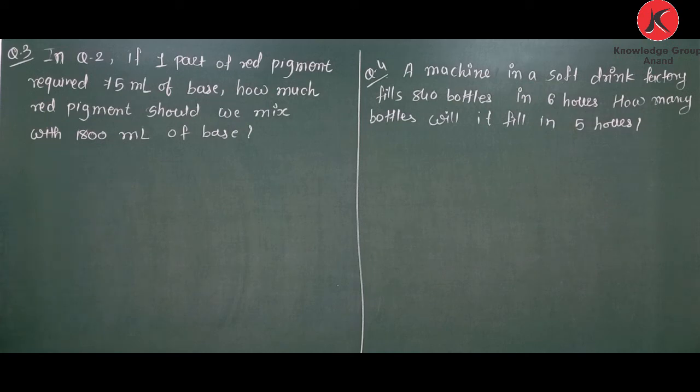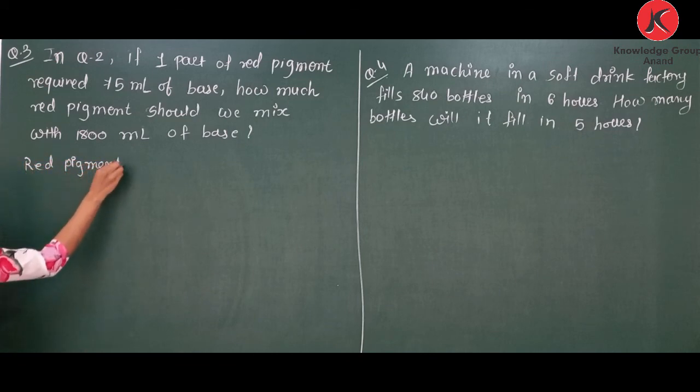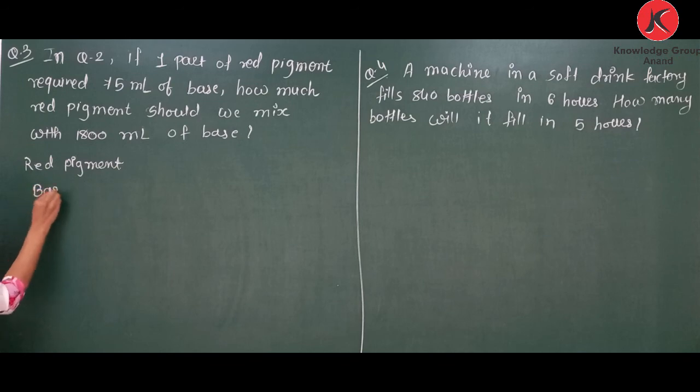75 ml of base, how much red pigment should be mixed with 1800 ml of base? Now base is given in ml and we need to find the red pigment. So here we can make a table: red pigment, and second value is our base, that is in ml.